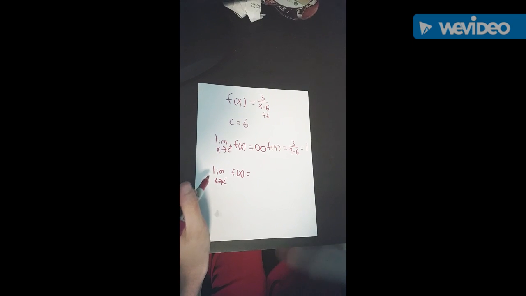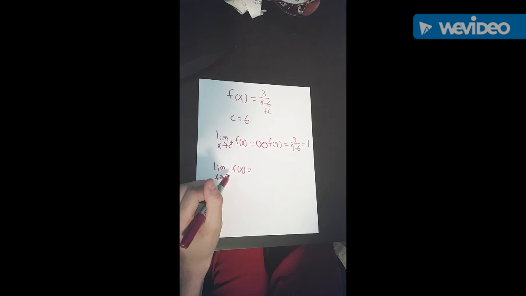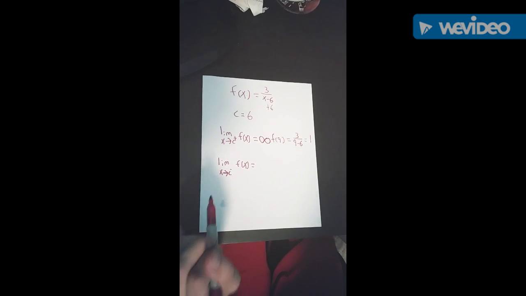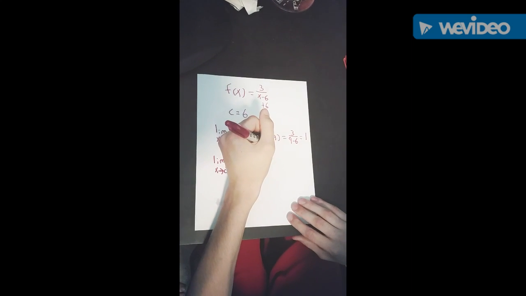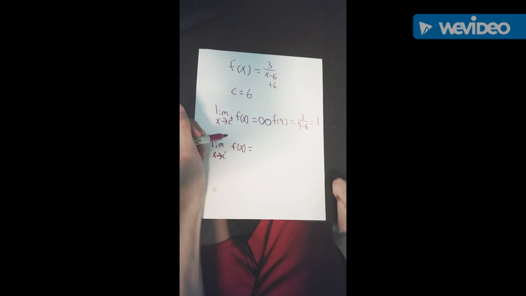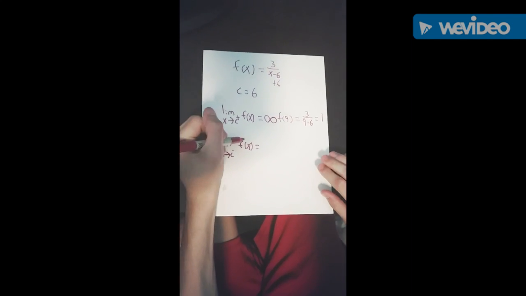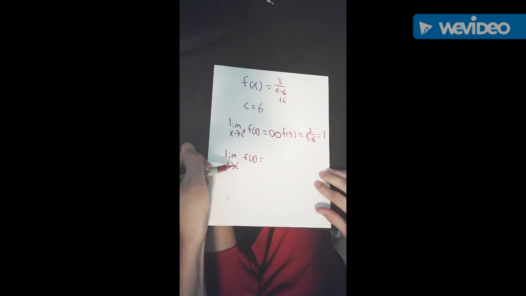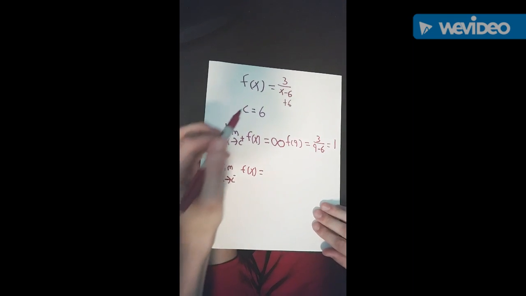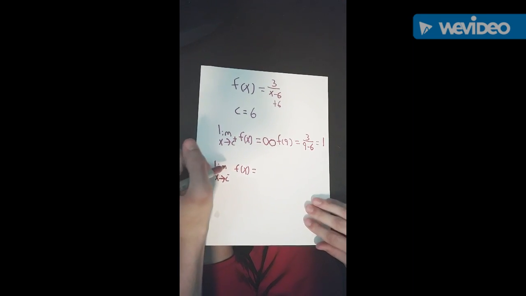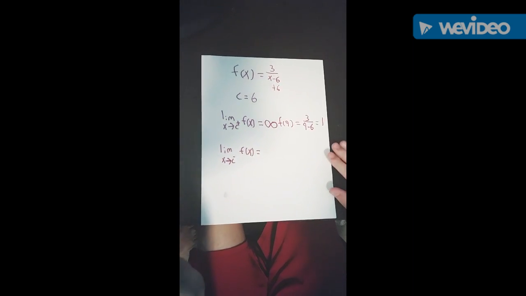And then for x to the c negative, you have to try to find a number lower than c. Now for testing our second limit, we would look at x to the c negative, which means the number would have to be smaller than 6, because it has to be to the left of 6.